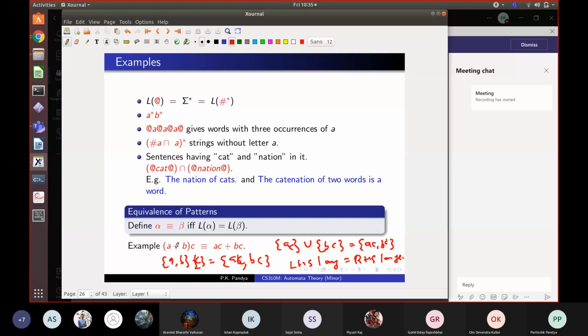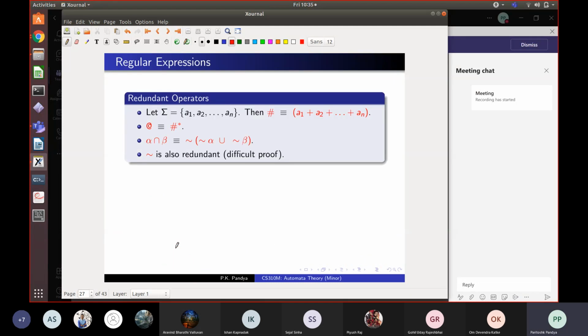Okay. So we have this notion of equivalence of patterns, and using this notion of equivalence, we can show that a lot of operators are redundant. For example, hash can be written as, suppose my alphabet sigma is a finite set of letters, right? It consists of letters A1, A2 up to AN, right? For example, if I had something called digit as my alphabet, this will consist of letters 0, 1 up to 9, right?